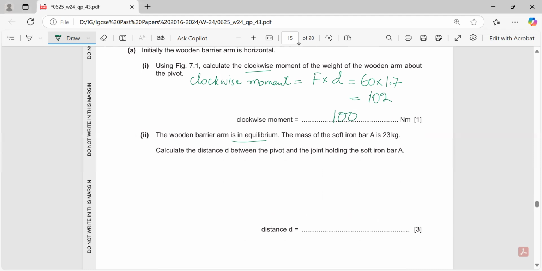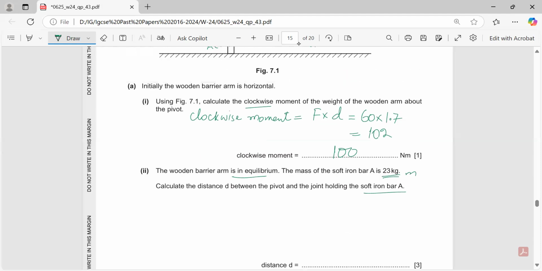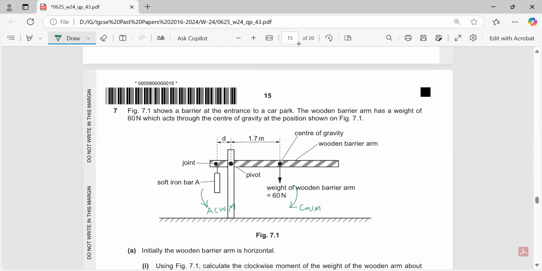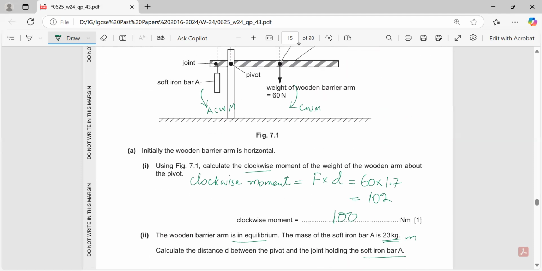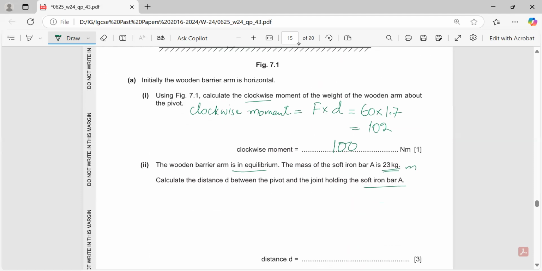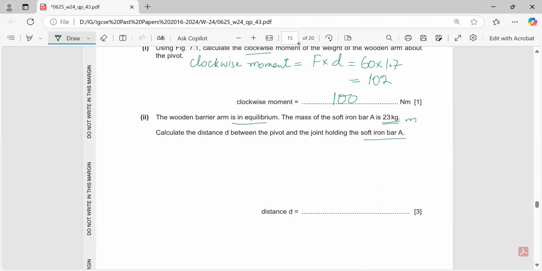The wooden barrier arm is in equilibrium because it is held horizontal. The mass of the soft iron bar is 23 kilogram. Calculate the distance between the pivot and the joint holding the soft iron. So this distance d we have to calculate. But first of all, we will be using clockwise moment is equal to anti-clockwise moment. So please, my dear friends, see here that we need the distance. Anti-clockwise moment is equal to clockwise moment.